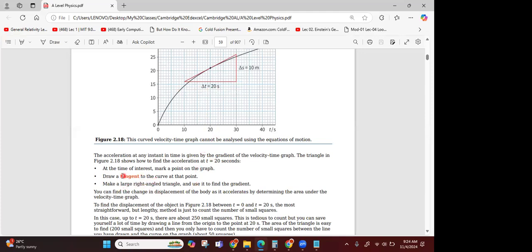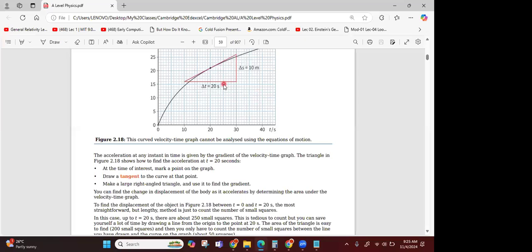So draw a tangent line at the time of interest, mark a point on the graph. Draw a tangent line. Mark a large right angle triangle and use it to find the gradient. So you have to draw a right angle triangle, this is vertical and this horizontal.